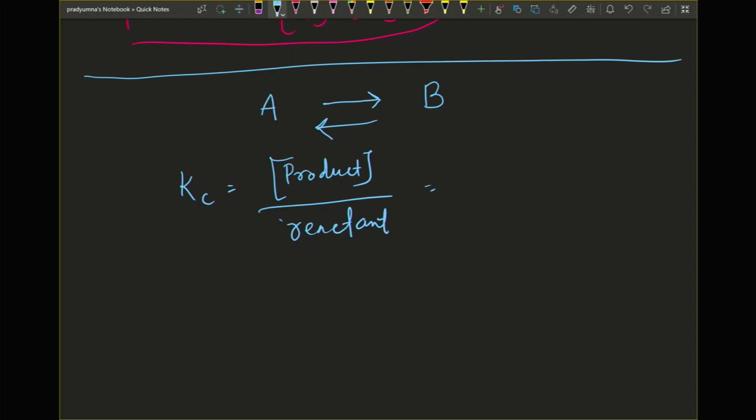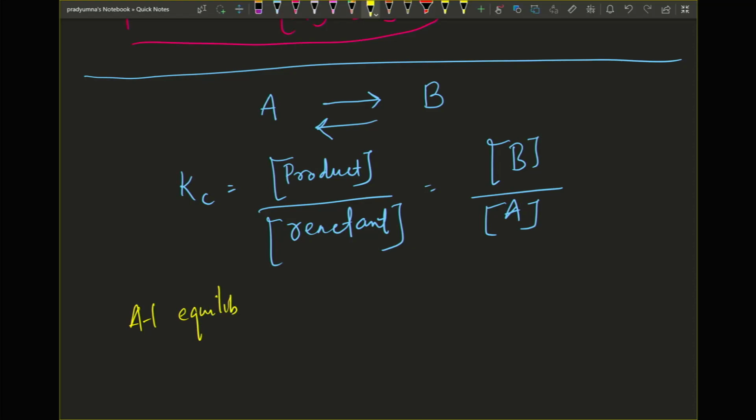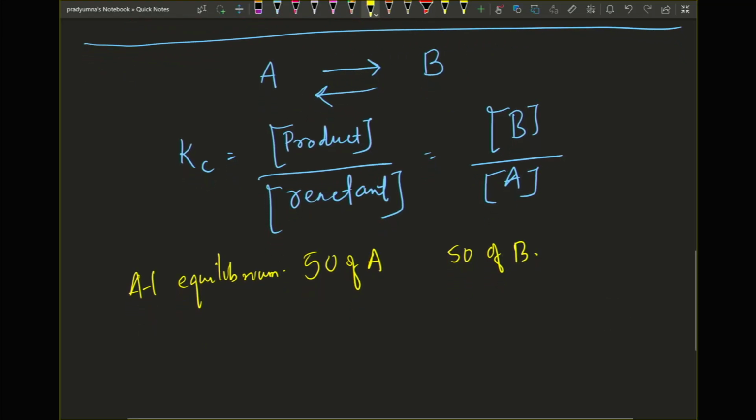So in this case, what is our product? B divided by A. Okay, so let's say at equilibrium we have 50 of A and 50 of B. So what should be our equilibrium constant?